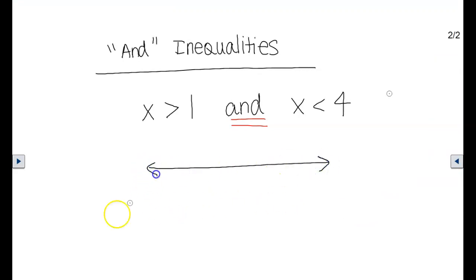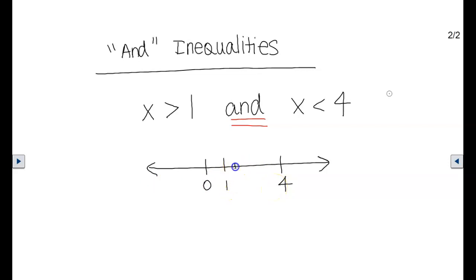So let's picture a number line here. We'll put 0 on it for reference. 1 and 4 would both be to the right of that. So the solutions for this inequality, the things that x can be, are the numbers on the number line that are greater than 1 and less than 4.